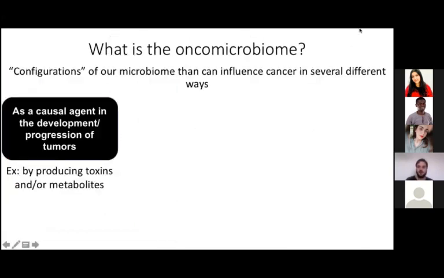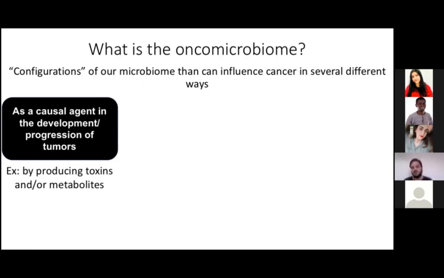So now we know a bit about what the microbiome is, but there's a new concept that's emerging, which is the oncomicrobiome. Onco comes from the word for cancer, so it would be the cancer-related microbiome.